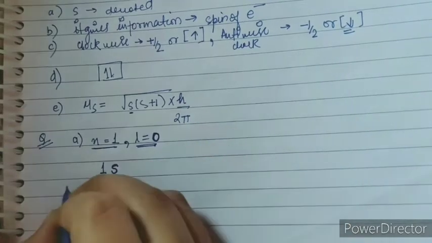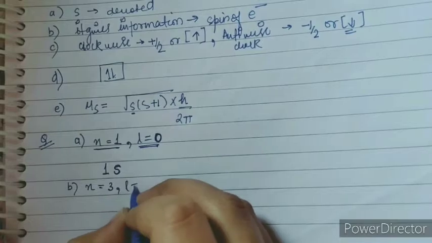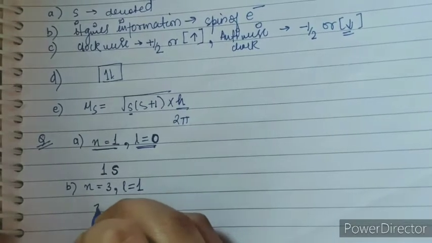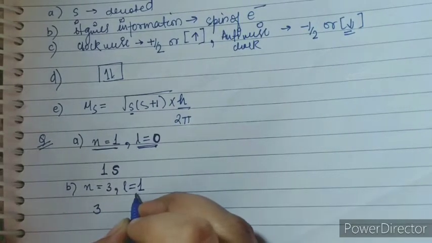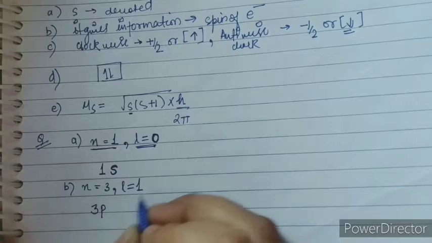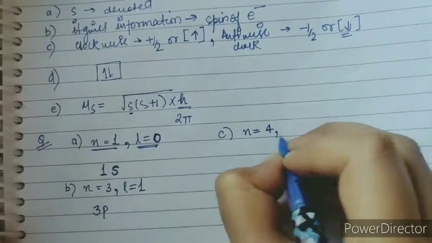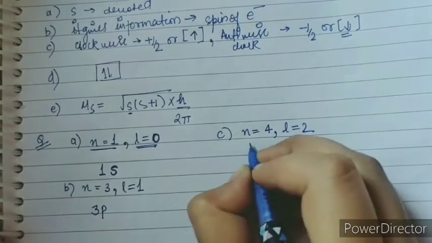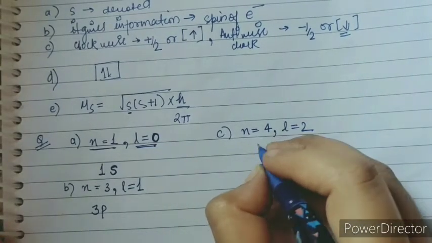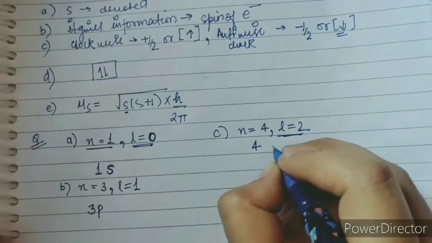The second is n equals 3 and l equals 1. For l equals 1 we have p, so this will be 3p. Third is n equals 4 and l equals 2. The principal quantum number is 4 and l equals 2 is d.